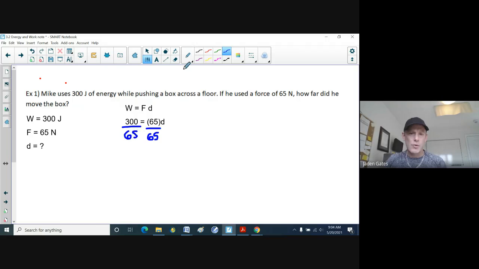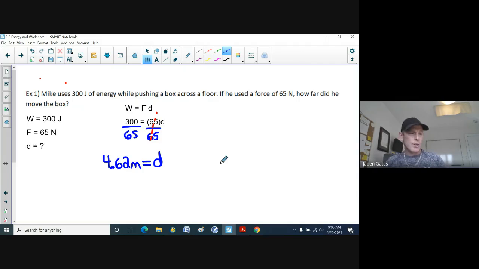Those 65s divide each other out, and what we're left with is our distance, which is 300 divided by 65. Let's grab my calculator, go to 2 decimal places, and I get 4.62. And because we are in our standard units, we're looking at meters. So we moved it 4.62 meters.